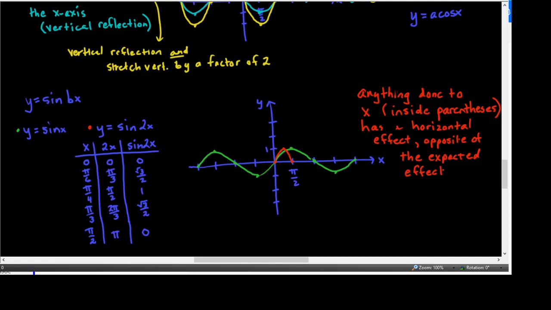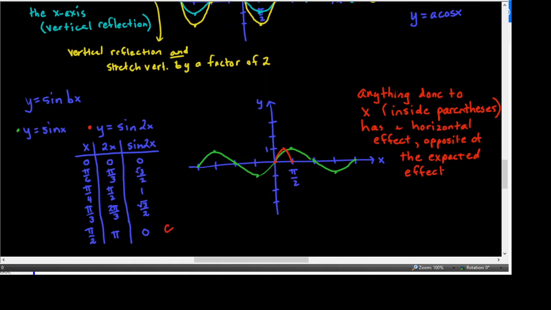So like this high point on the green one at pi over 2, it's now half the distance from that point to the y-axis. And so it's shrunken it, it's compressed it horizontally by a factor of 2. So let me write that down.